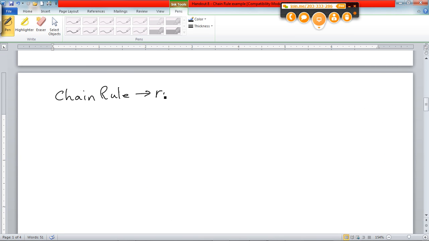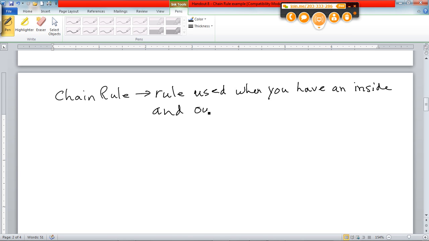All right, so this is a rule you use when you have an inside part and outside part, or an outside and inside part, other than just x.